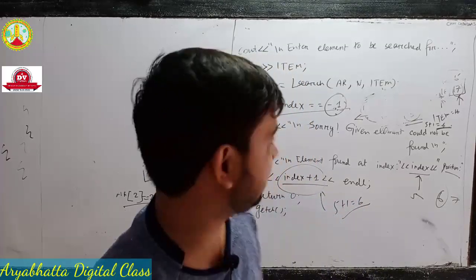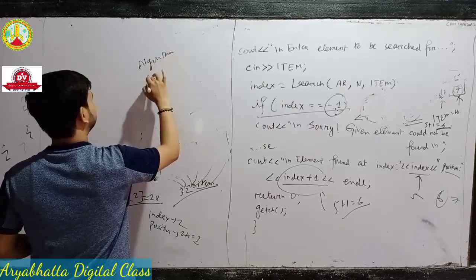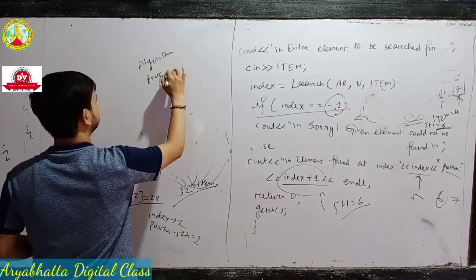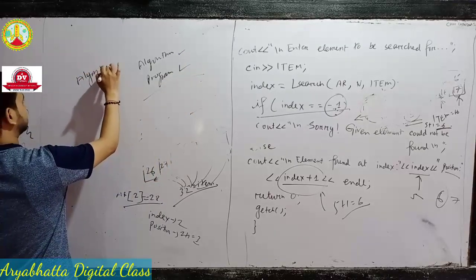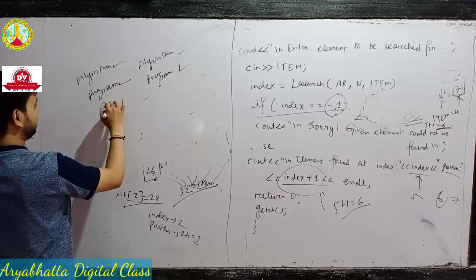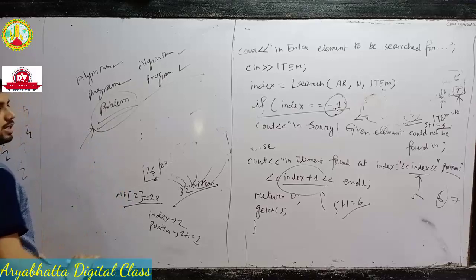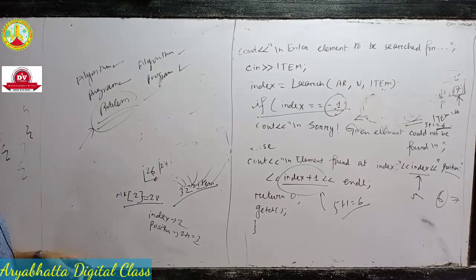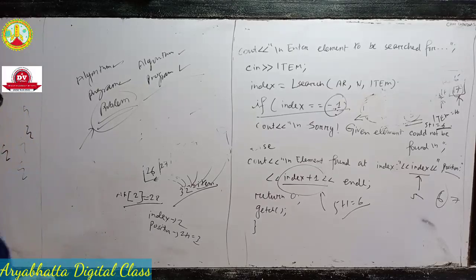In linear search we studied algorithm and program, but in binary search we also have to study the mathematical problem. This problem also comes in the final exam. I remember last year one problem came from binary search.